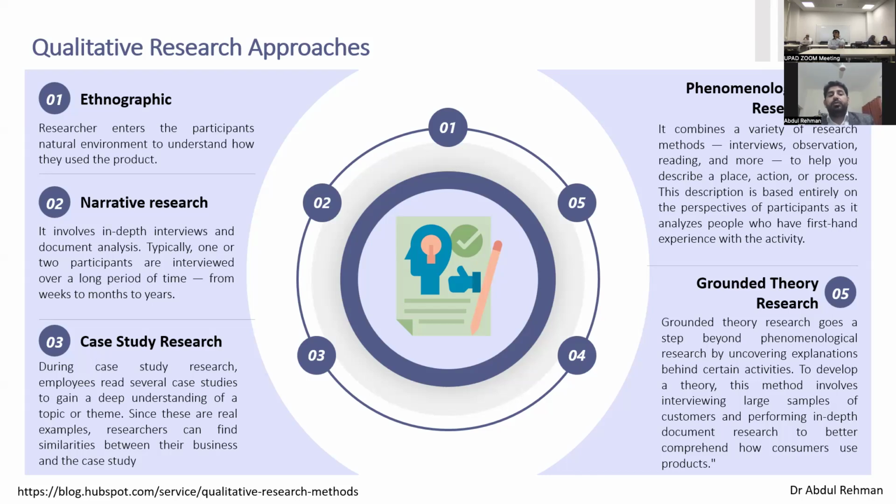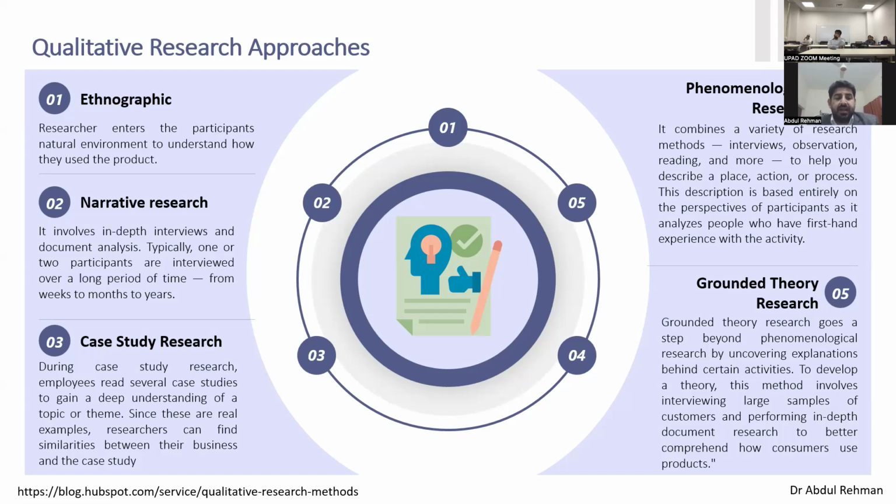So you enter as a participant in a natural setting. Another example, if the question is how child bullying happens, you sit in a bus and observe if something is happening there.